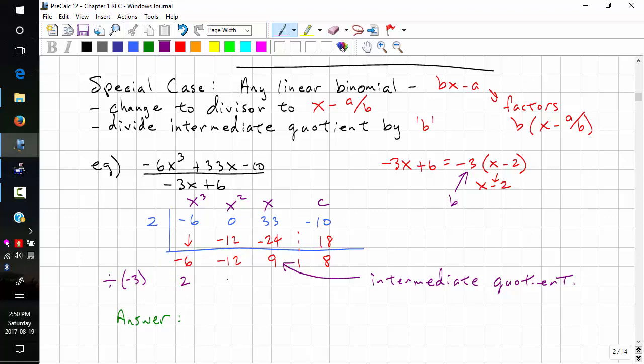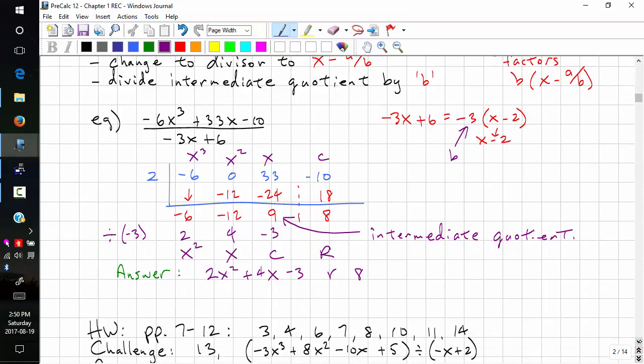Negative 12 divided by negative 3 is 4. 9 divided by negative 3 is negative 3. So this is our x squared term, our x term, our c term, and our remainder. So our answer is 2x squared plus 4x minus 3, and our remainder is 8. Okay, that's not a division statement, that's just quotient and remainder. And that completes this lesson.